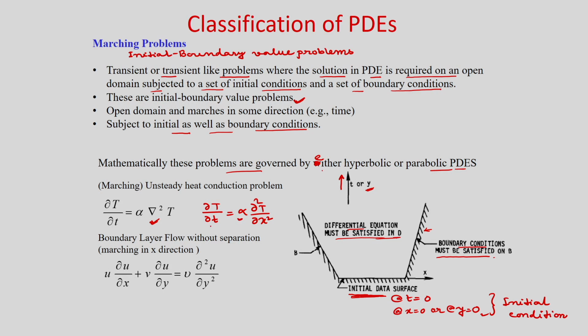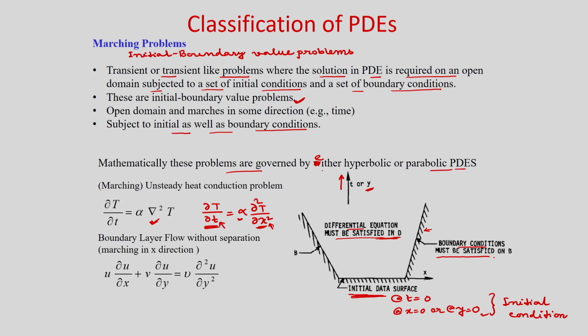You need to march in time t, and you need to specify the boundary conditions as well. The solution must be satisfied in domain D. You need to specify the initial condition, because it is a time marching problem, and also you need to specify the boundary conditions.